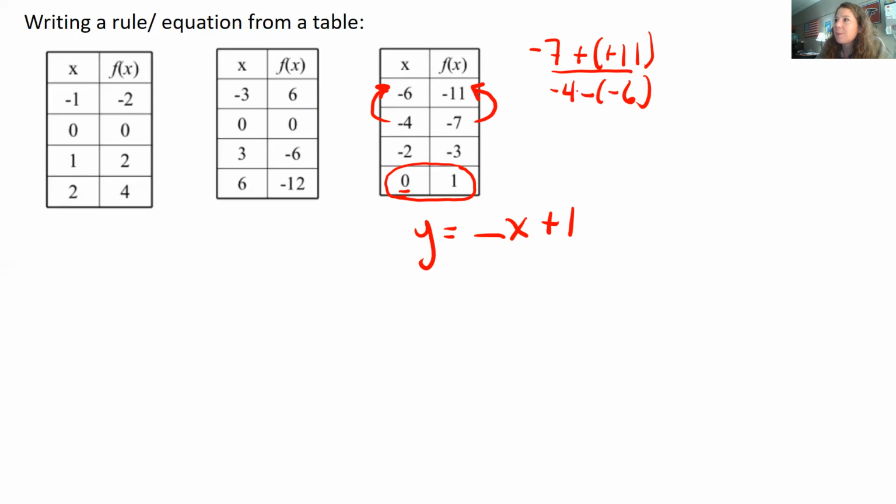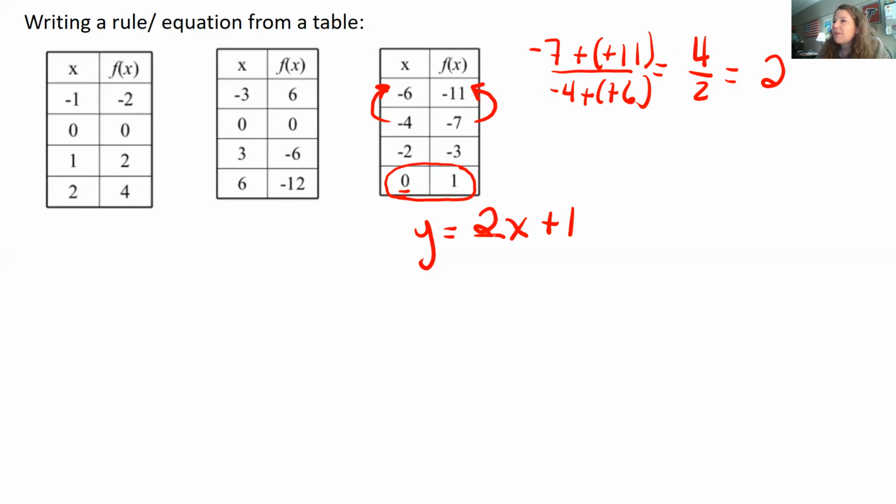So we're going to do bam, bam, bam, bam. So from negative 7 to positive 11, that's going to be a change of, what, 4? Yeah, positive 4. And then negative 4 combined with positive 6 is 2. So we end up with positive 2x. Goodness, we like these 2's, don't we? 2x plus 1.